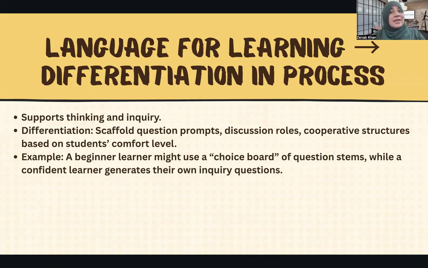Differentiation here means adjusting the content of language support. For example, beginners may need visual glossaries, translation supports, or sentence starters, while more proficient learners might be challenged with synonyms, idiomatic expressions, subject specific terminology. By tailoring vocabulary support, we make sure every learner has the language tools to engage meaningfully with the curriculum.